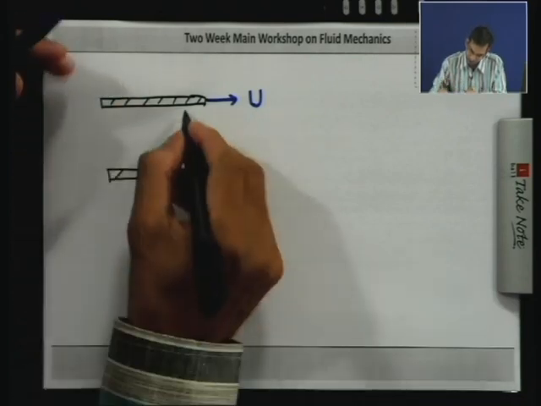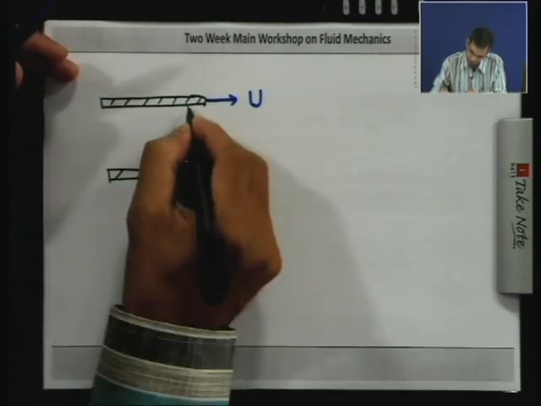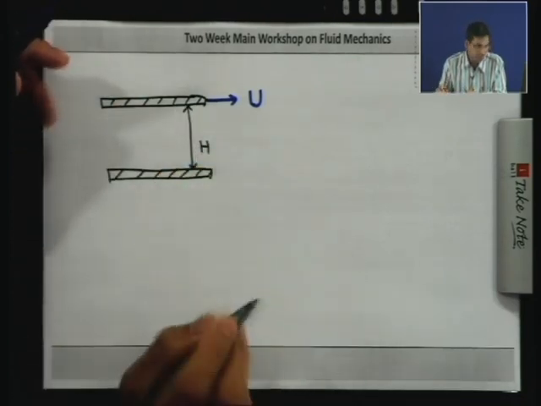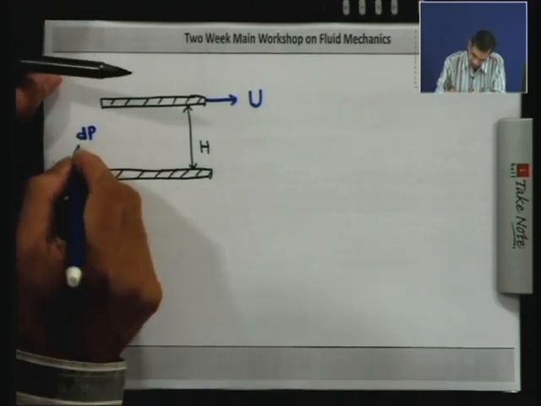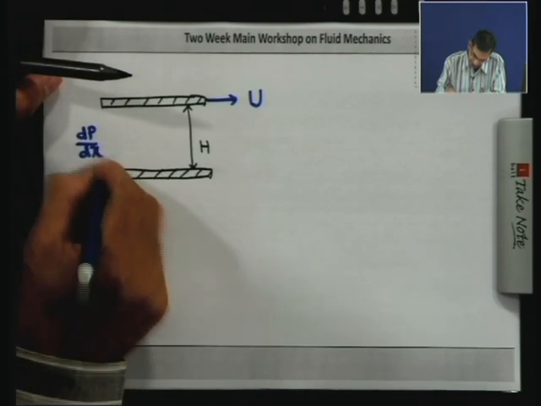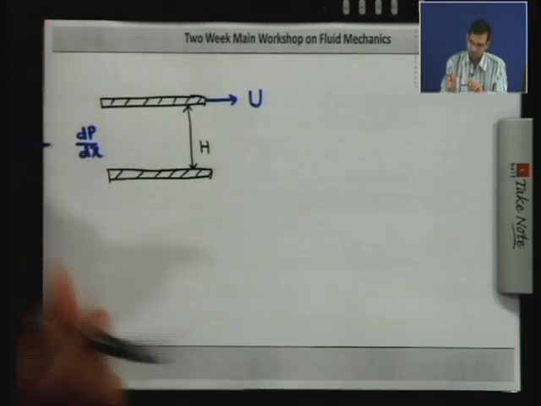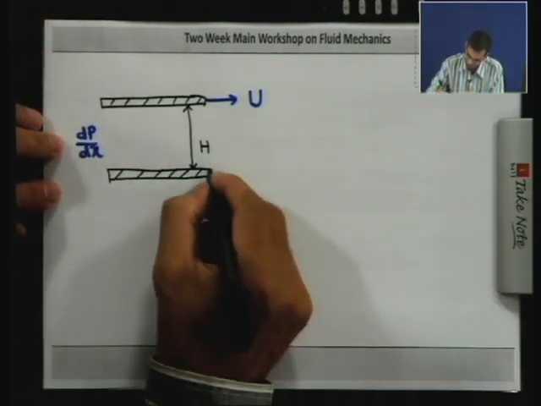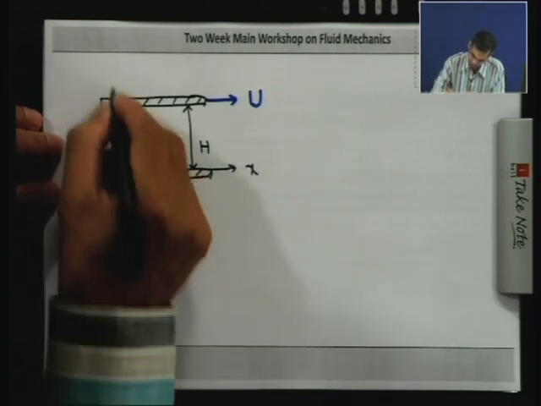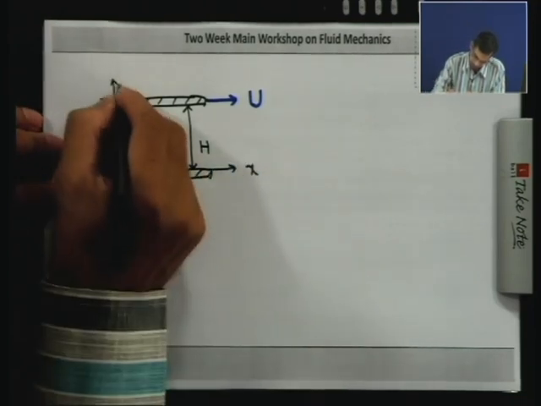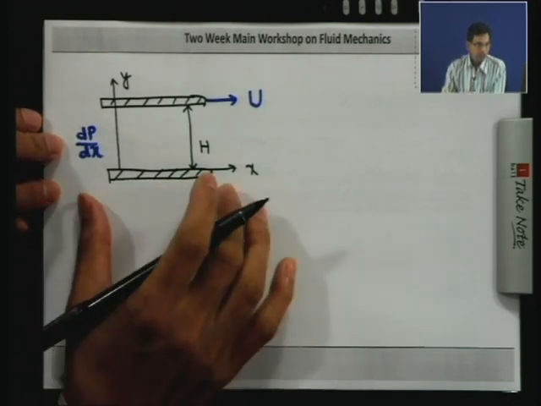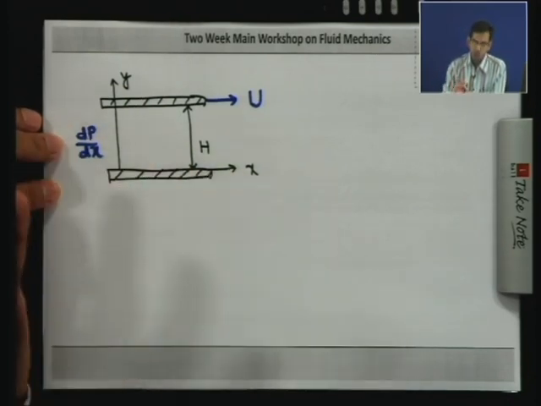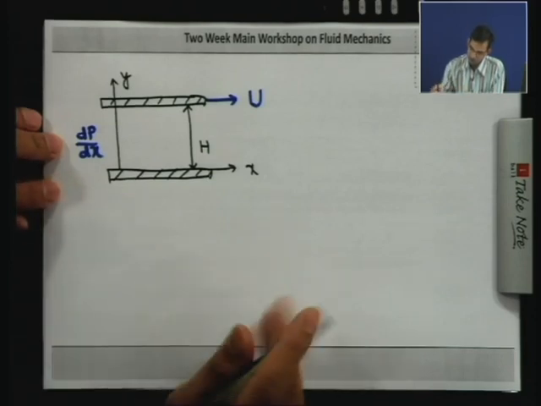The distance between the two plates is given as capital H, and it mentions that a constant pressure gradient dP/dx drives the flow. So, now if we give this as the x coordinate, the governing differential equation will be similar to the earlier one, that is for plane Poiseuille flow.